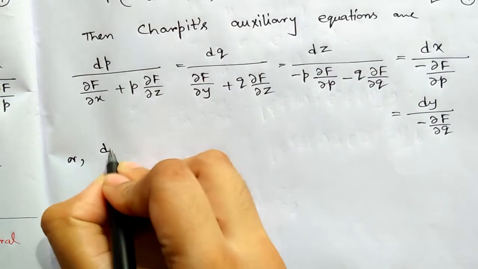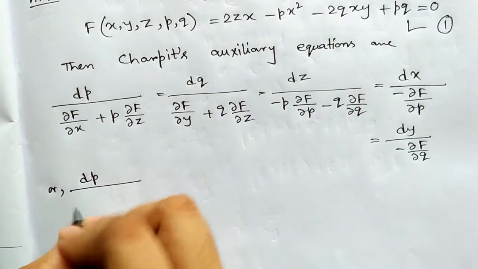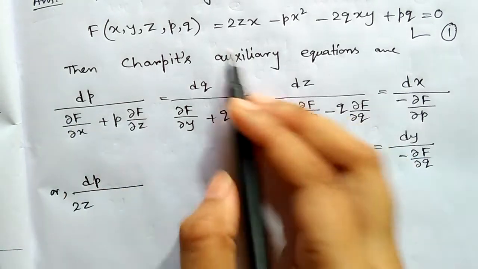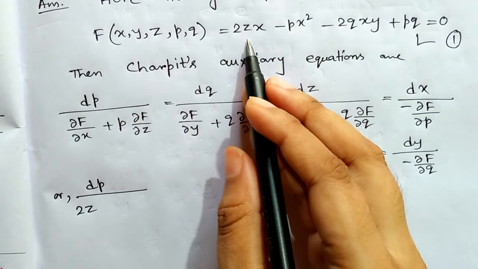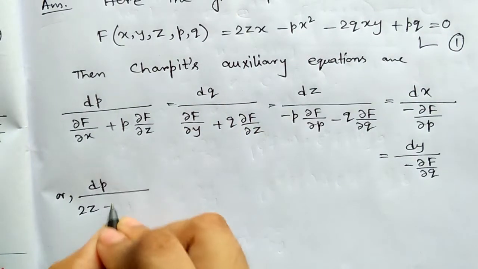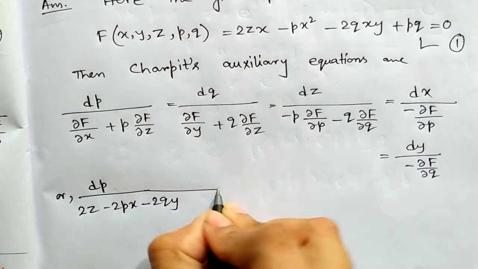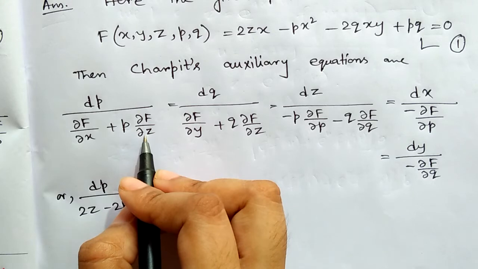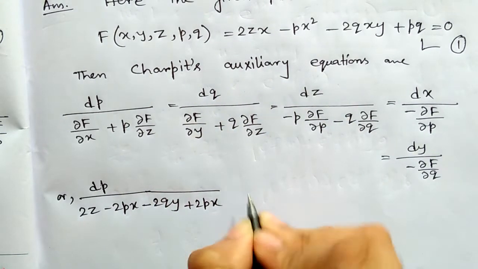Next, dp by del f del x. Del f del x means we have to differentiate this with respect to x partially. That is 2z minus 2px minus 2qy, then nothing. Then del f del z is 2px.